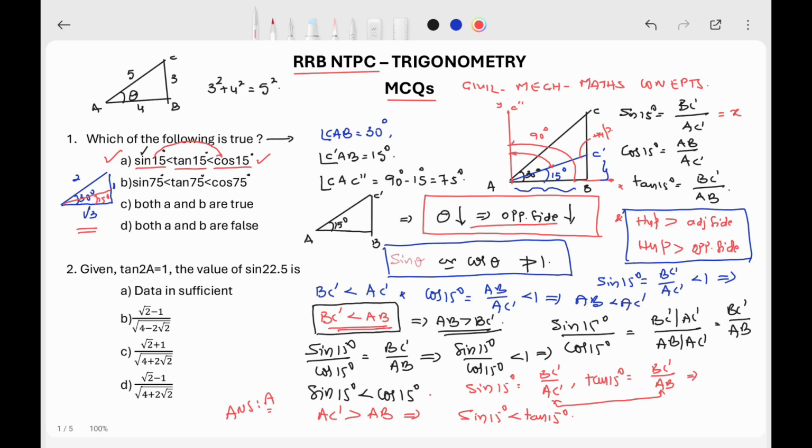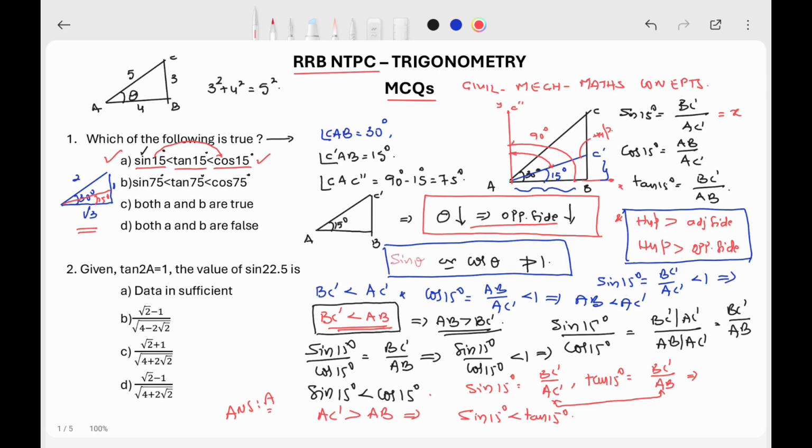Make your own notes and make a logic of it. Sometimes mathematical problems can be solved by logic rather than finding the real values. This logic you will come to know very easily once you understand the concepts.